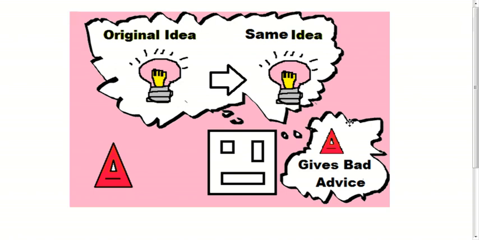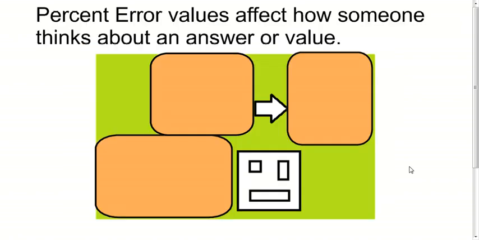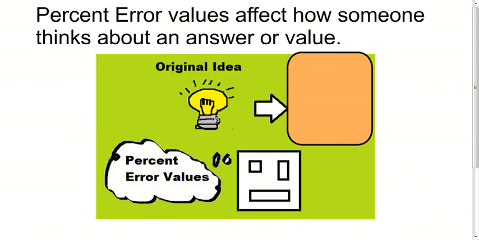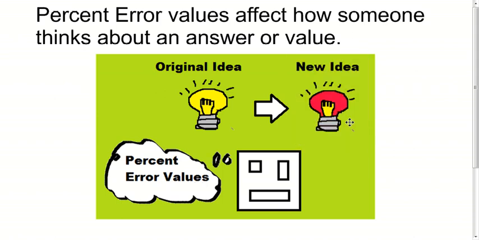This is kind of how percent error will affect how someone thinks about a value. It may or may not change how they perceive this value. They'll have this idea, and then they'll weigh the percent error values or think about them, and then they may or may not change their idea.